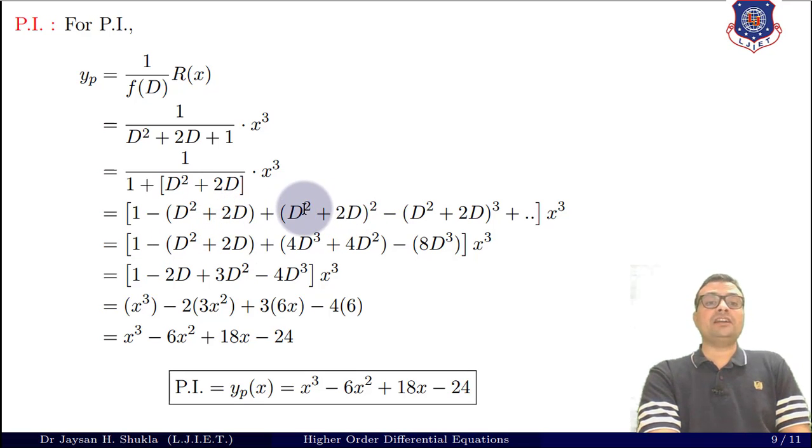If I expand, I will get D raised to 4 plus 4 times D square into D, which means D cube. The first term is D raised to 4, so I should avoid it. So I am taking the middle term, 4 times D square into D, so 4D cube. The last term would be 4D square.